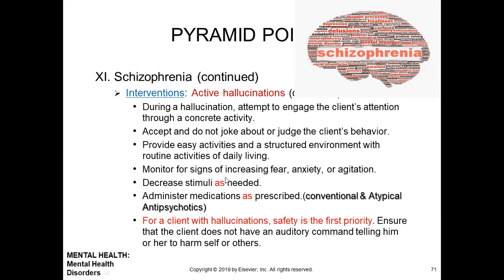Monitor for signs of increased fear, anxiety, and agitation. Decrease stimuli as needed and maintain medication as prescribed. Usually conventional medication or atypical antipsychotics are very effective to treat schizophrenia. So for the client with hallucination, safety is the first priority.